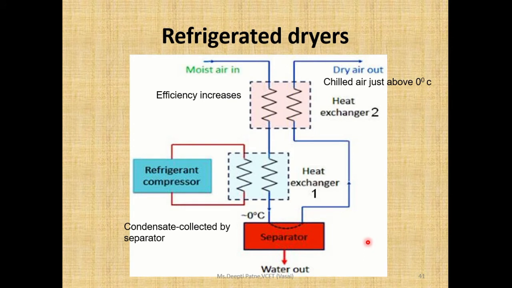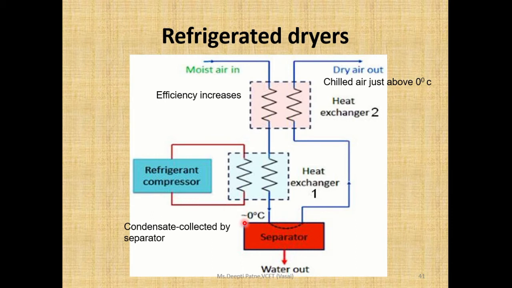Next comes a dryer. A dryer is important because whenever I am cooling, moisture content can become part of it, as I am reducing the temperature. So in order to dry it, again I am using a heat exchanger. Two sets of heat exchangers are being used. In the first set, the moist air comes and passes through this heat exchanger. Over here it will exchange heat and try to dry more and more. Then it passes through heat exchanger 1. The other part of the heat exchanger is connected to the refrigerant compressor.